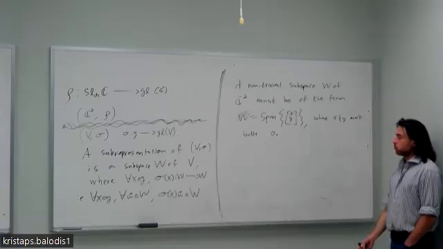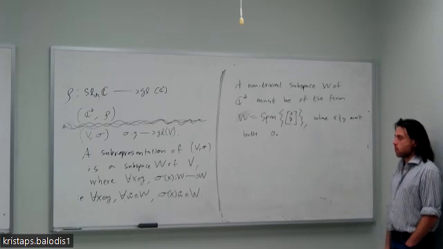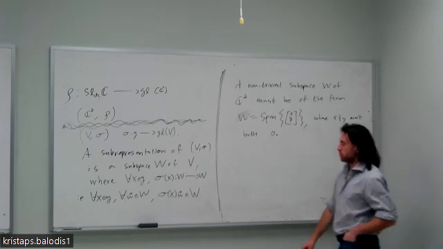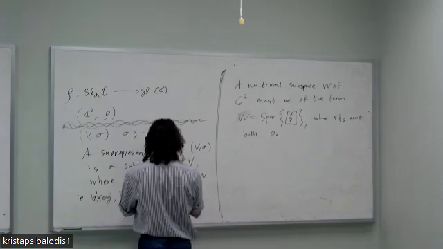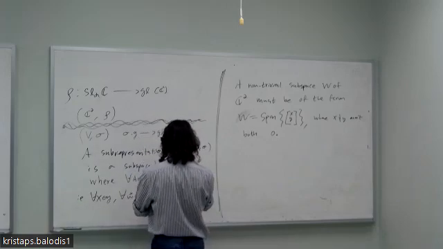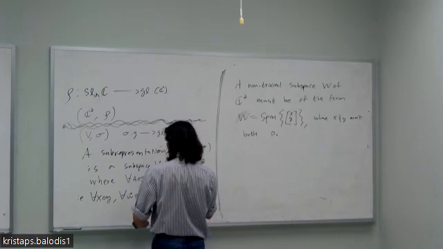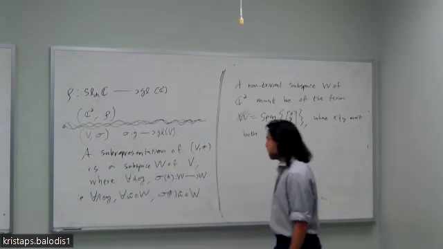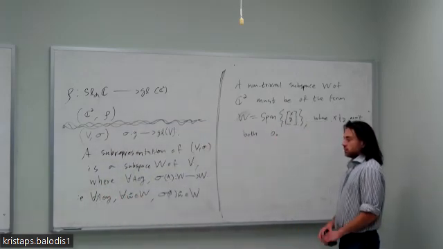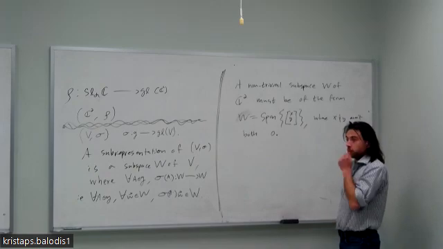Okay, but what else would have to be true in order to have a sub-representation? Let me change some of the notation here. I'm going to rewrite these x's as a's because we're using x in a very particular fashion. It would need to be closed.